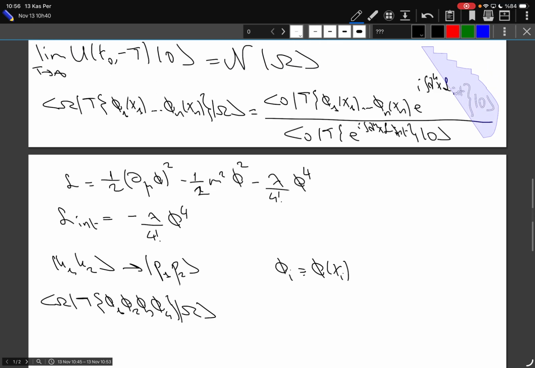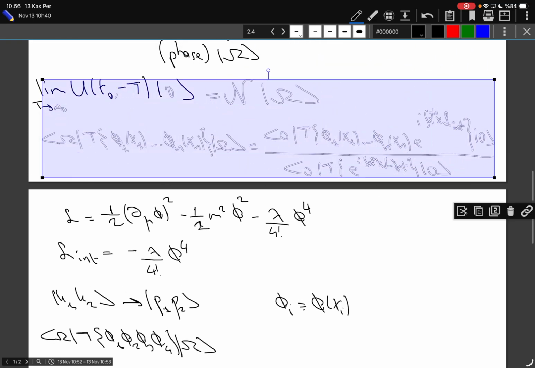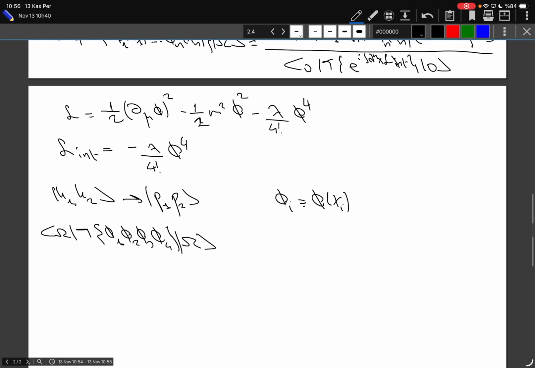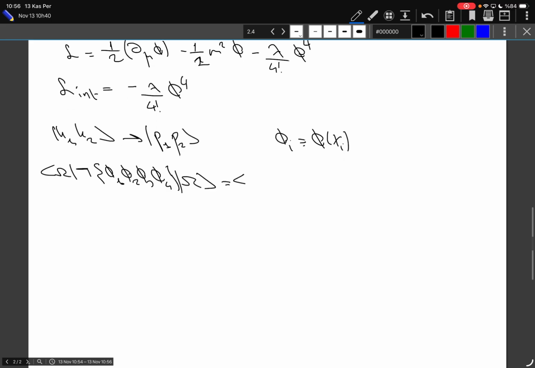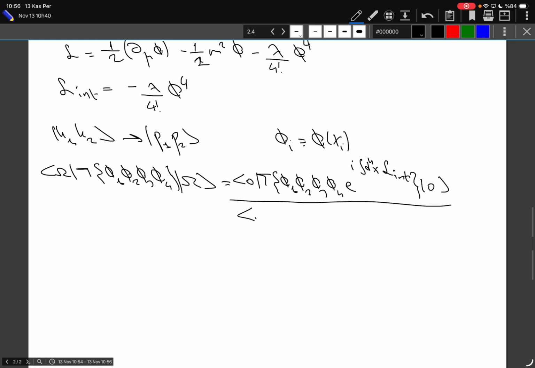Now, we had just seen here, to calculate that 4-point function in the full theory, I can calculate this ratio in the free theory. I should calculate this one.